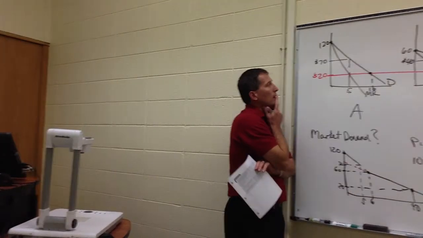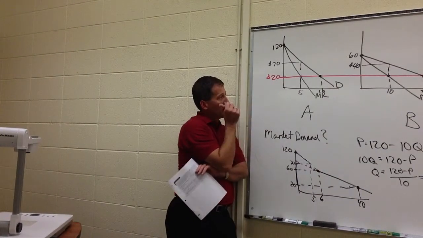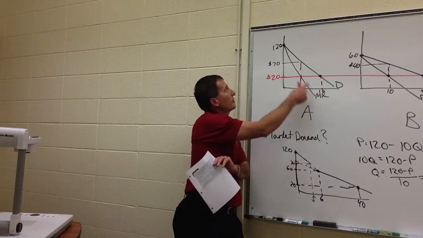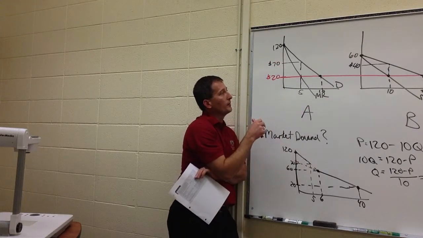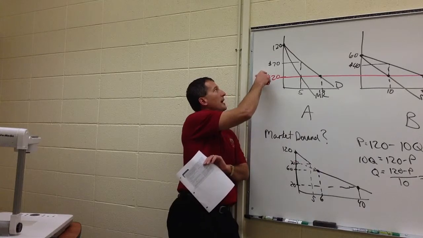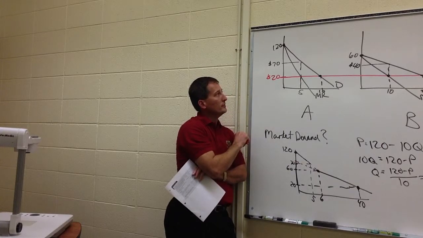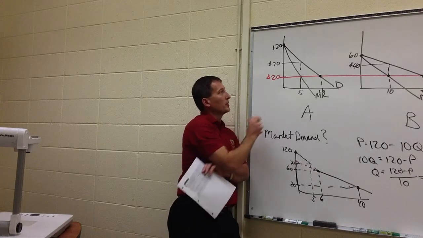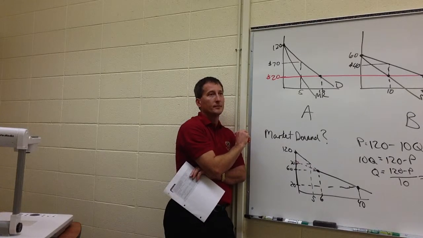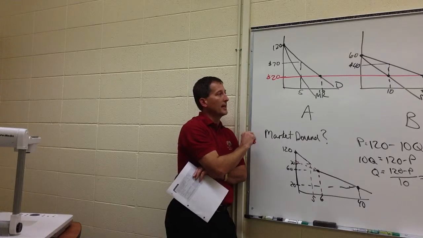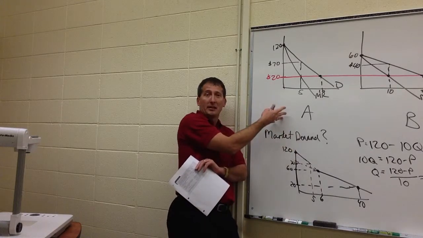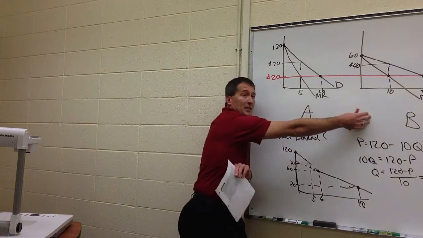So how many will these guys buy if we start goofing around with prices? Let's start thinking about the A people. If I price it at 40, are the A people going to buy? What are they going to buy at a price of 40? Let's say I just price it at 40. We did the 70, right? At 70, these guys are out of the market.